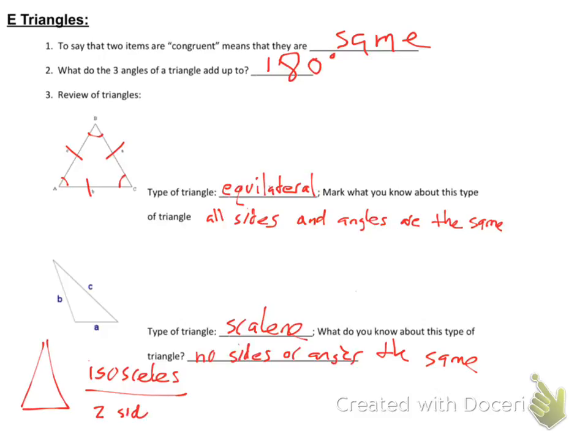Two sides and two angles are the same. On the diagram, when we talked about this one in our homework, you would have tick marks on the two larger sides. If it says isosceles, you can assume that. And you would have tick marks on the angles opposite them, right? The angles that open to those congruent sides are also congruent, the same.